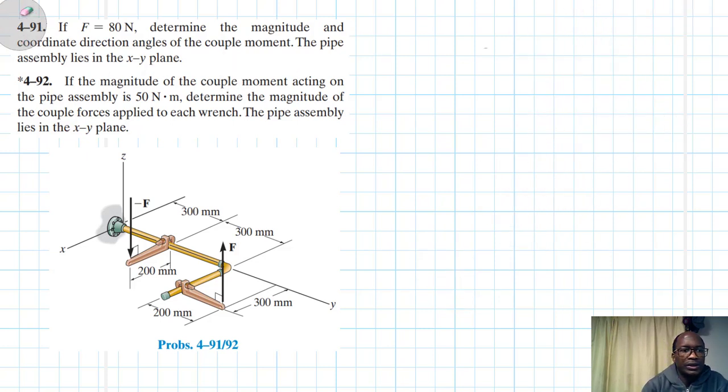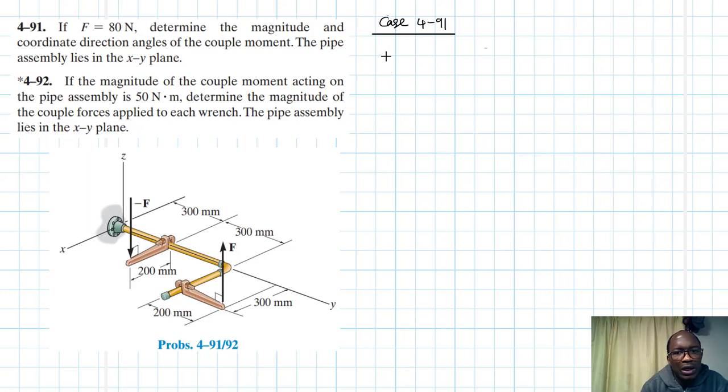All right, so let's go ahead. Let's call this one case 4.91. Let's find the couple moment.